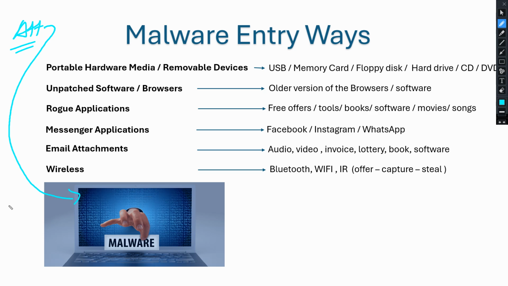What are the different ways? First is portable hardware media and movable devices. Examples would be USB, memory card, floppy disk, hard drive, CD, and DVD. These all are the mediums through which malware can enter into a system.